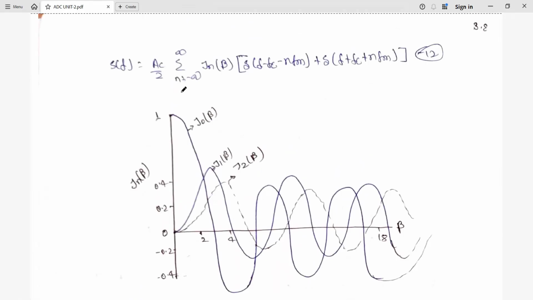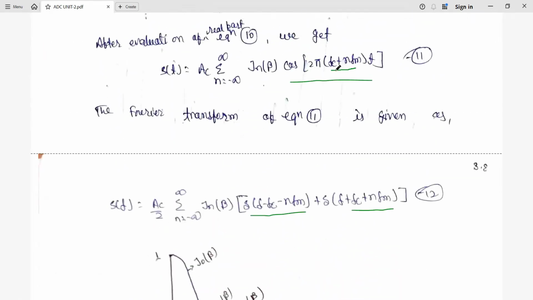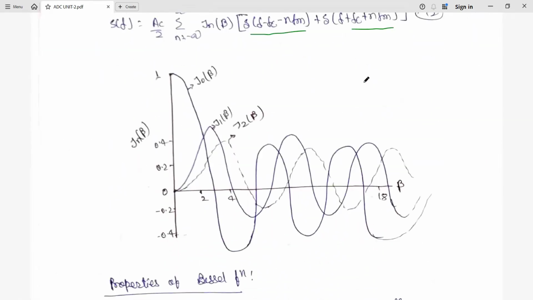So this is Ac by 2 times the summation n equal to minus infinity to plus infinity of J_n of beta. And here we have the Fourier transform, as we used to write earlier, delta of f minus fc plus delta of f plus fc. So in place of fc we have fc plus n fm. So you can see that from here.